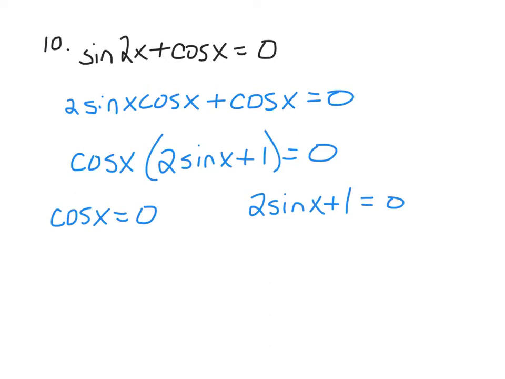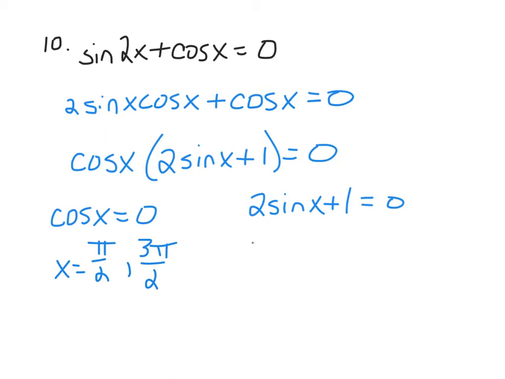Remember that cosine is the x values, and if you don't remember these, check out your unit circle, but cosine of pi over 2 would produce a 0, and cosine of 3 pi over 2 would be 0. Okay, remember cosine is your x values on the unit circle.